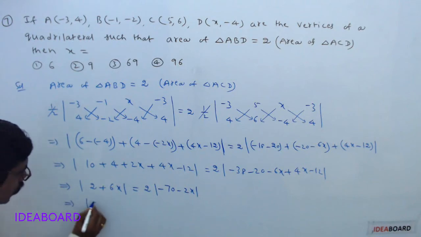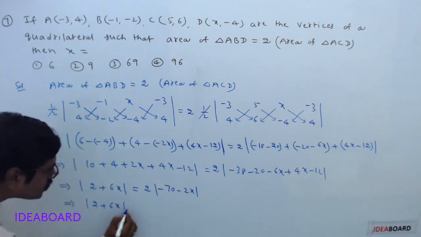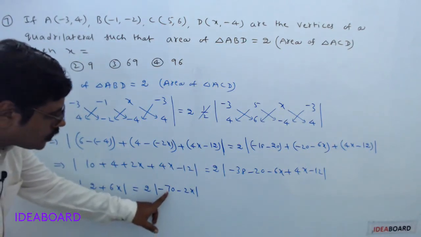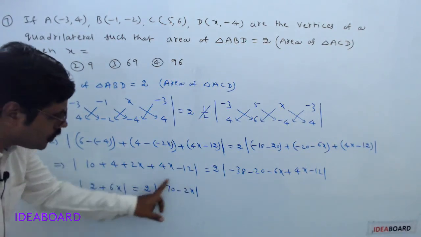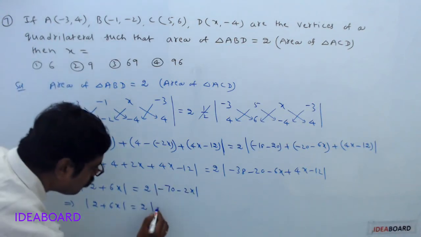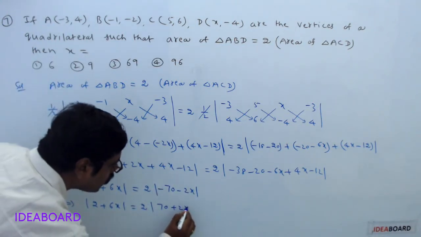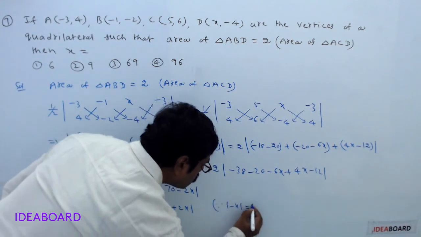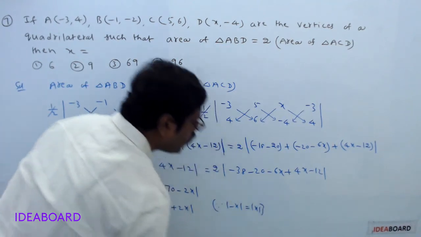So from this, modulus of 2 plus 6x equals to 2 into modulus of, if you take the negative sign common from these two terms, then it will be 70 plus 2x, because modulus of minus x is modulus of x.